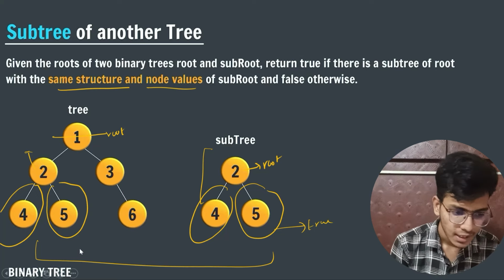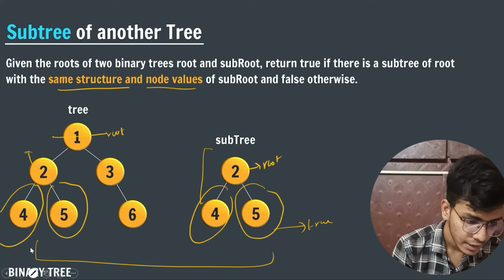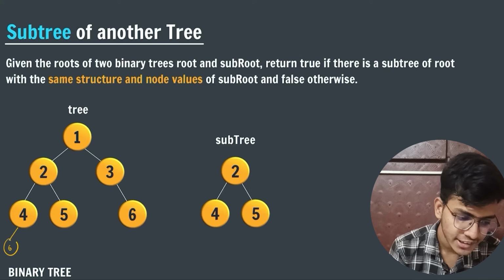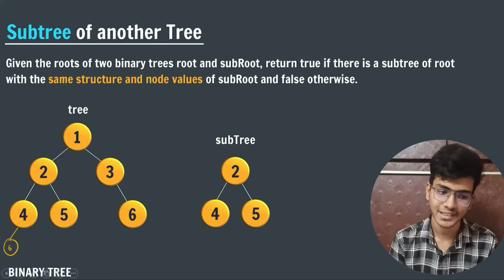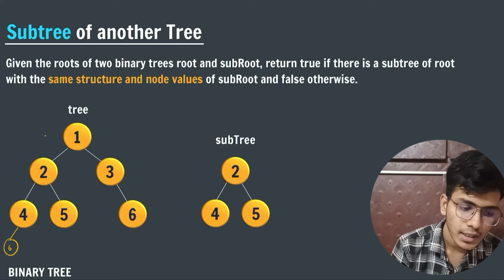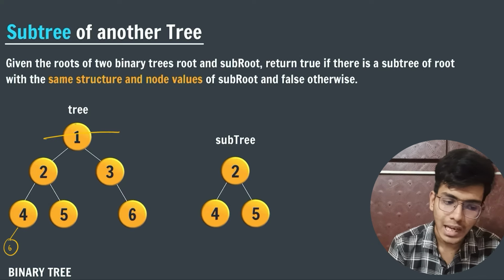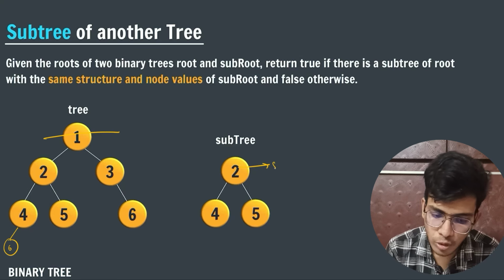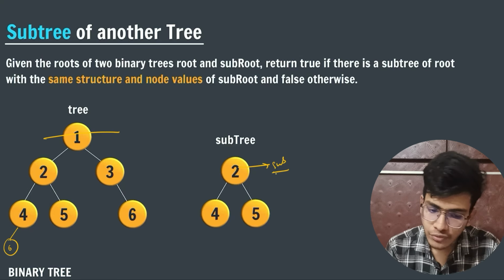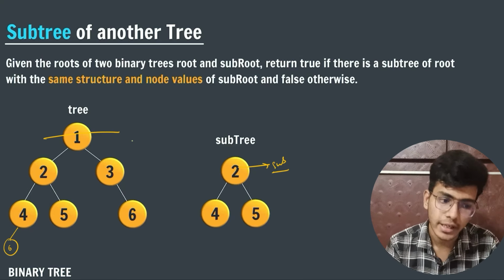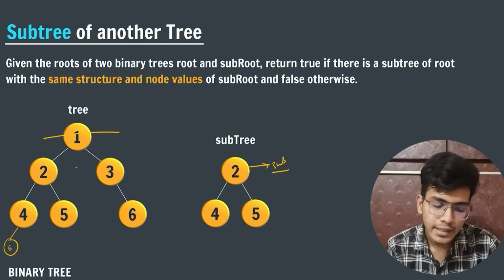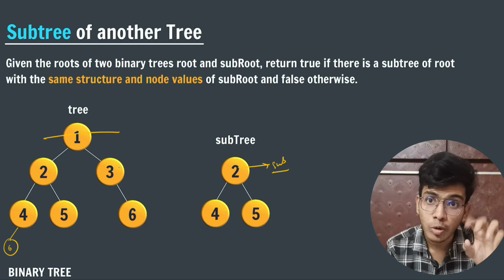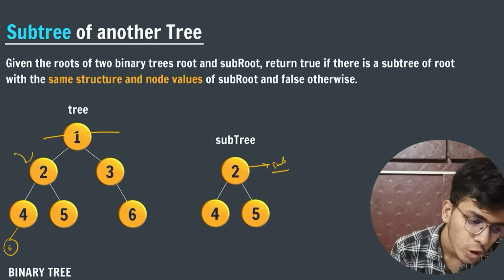Now let's say, let me remove the link here. Now let's say that here I am having some node 6. Now first of all, what I will do is from my root I will find my subroot. So this is my subroot, right? So I will try to find this subroot in my main tree. So first of all I will iterate, or I will do some recursion work, and I will try to find my subroot in my main tree. So I have found my subroot.